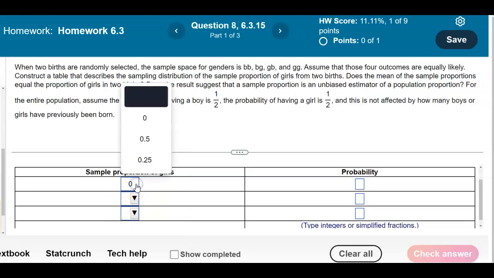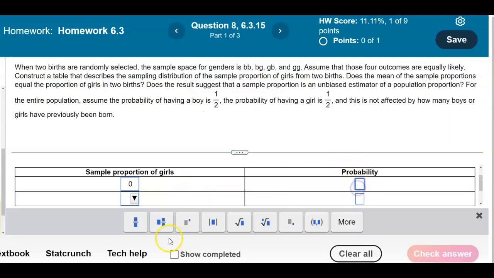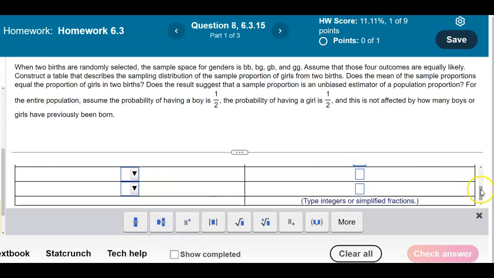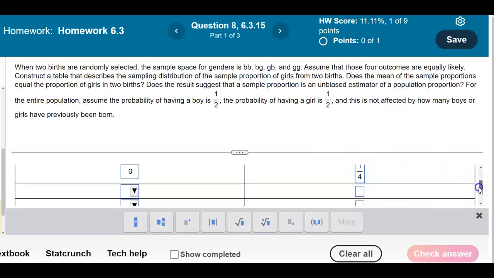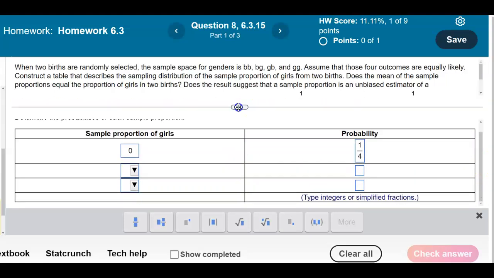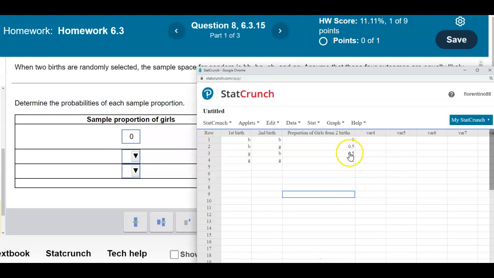Filling in the table, we get a 0 for the first proportion of girls from 2 births, and we have one of those scenarios out of the sample size of 4. Therefore, this probability is going to be 1 over 4. Now the next ones are 0.5 and 0.5.